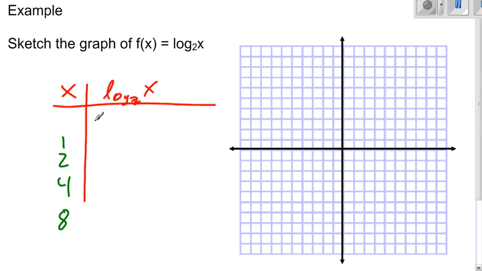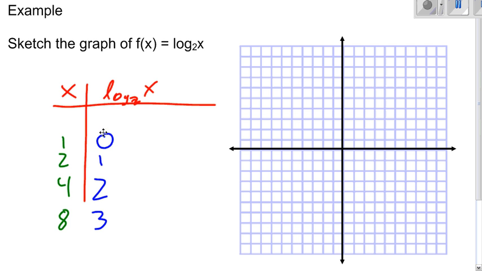That's enough. That's 4 points. So if we said 2 to what power equals 1, that would be 0. 2 to what power equals 2, that would be 1. We know 2 squared is 4, so that would be 2. And then 2 to what power would equal 8, that would be 3.